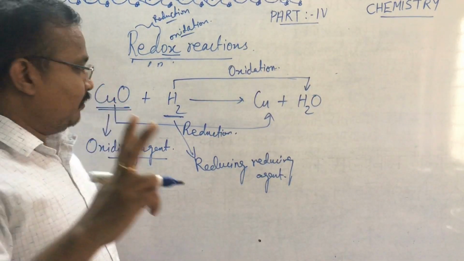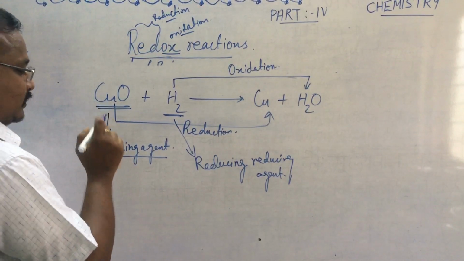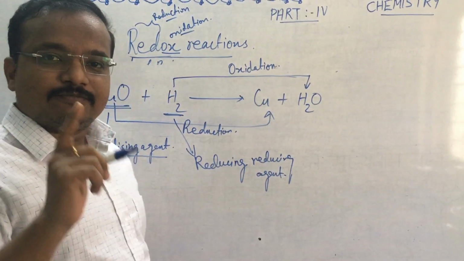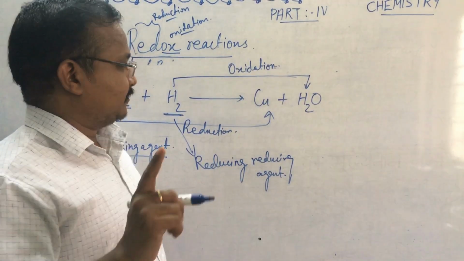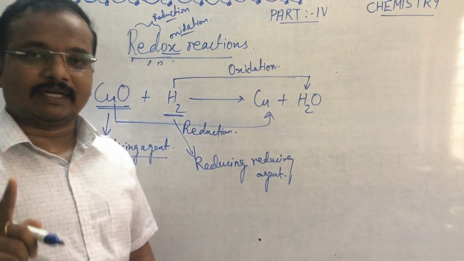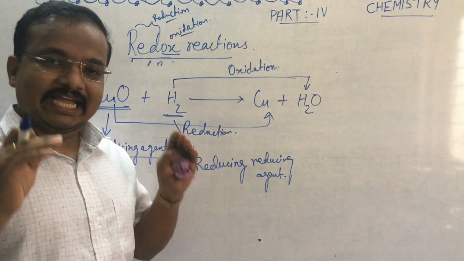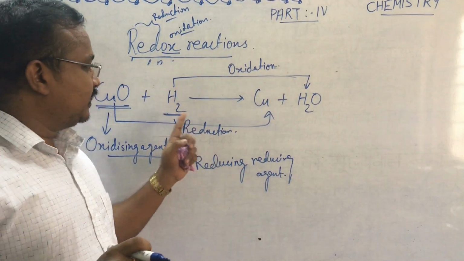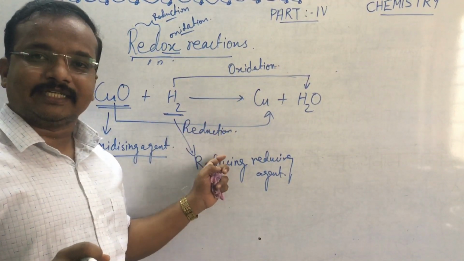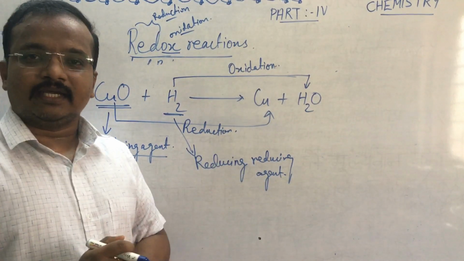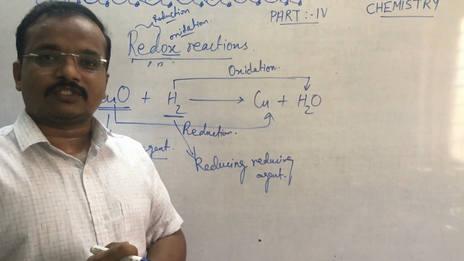It is a little confusing, but you have to remember, oxidizing agent is the species which brings about oxidation. So children, reactions in which oxidation as well as reduction take place simultaneously are called redox reactions.